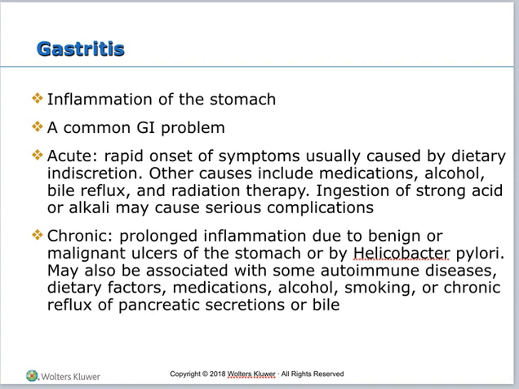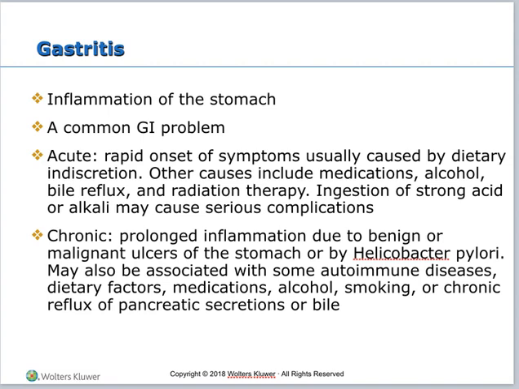Another medication that's commonly prescribed for gastritis is sucralfate, and it's a unique medication. It's kind of a standalone in its drug class, and what it does is it slowly dissolves and then covers and protects the stomach, giving it time to heal.